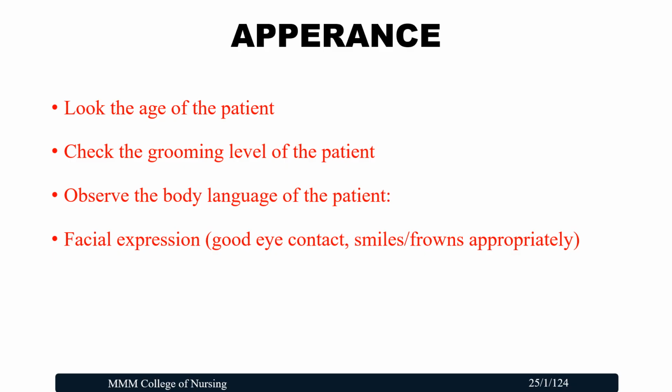Third, observe the body language of the patient. Here the examiner should look for movements that are characteristic of certain conditions, such as excessive movement or muscle contractions. And facial expression: check for good eye contact, a smile, and frowns appropriately.